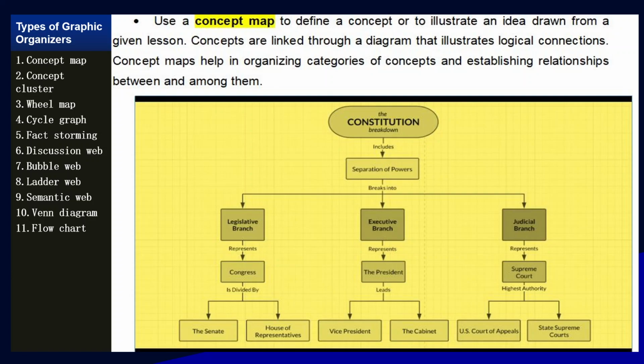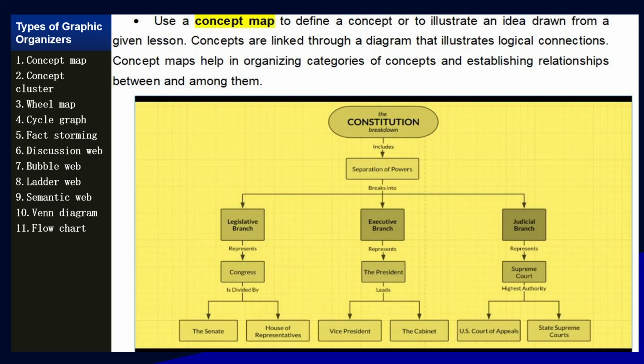If you use essays or words, it might be hard for students to grasp. Take a look at this graphic organizer. It is arranged: the Constitution, then the concept of the separation of powers, then the three branches of government. It's very easy. A student can easily distinguish between the legislative, executive, and the judiciary.